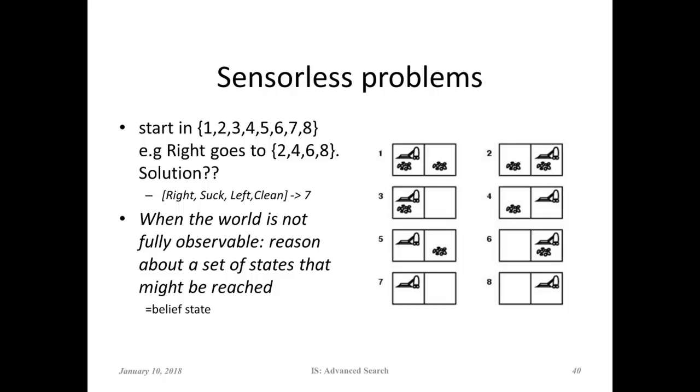and that is by restricting the possibilities of the states it could be in. So when the world is not fully observable, we can still reason about the states. We can apply logic. And this is what we're going to do next week in the part about knowledge, where we apply reasoning rules to get more information about the states we could end up in. If you collect those states that you could be in, they are usually called belief states.